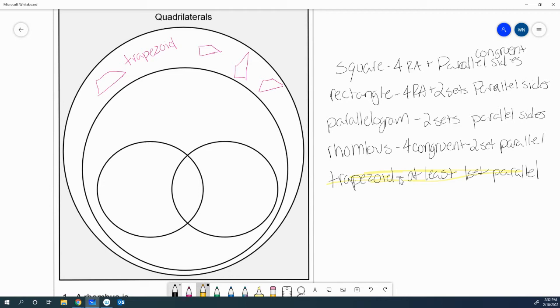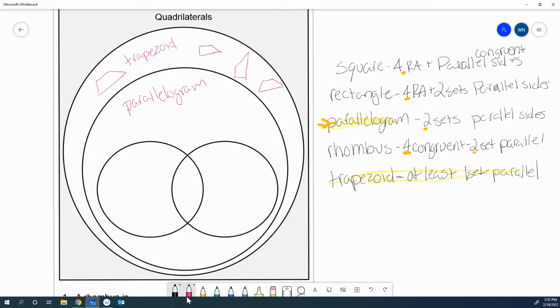So if we're looking through, we can see that a rhombus has to have 4 congruent and 2 set parallel. Parallelogram is 2 set parallel, and all of these have to have right angles. So our next one that's least specific is that parallelogram. So let's go ahead and write our parallelogram in here.